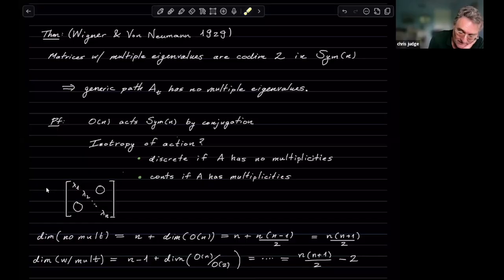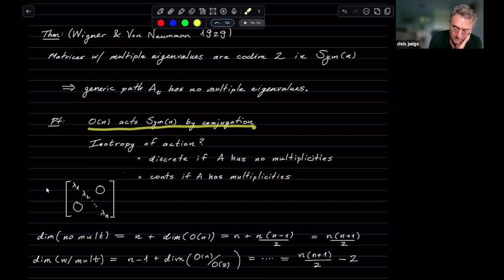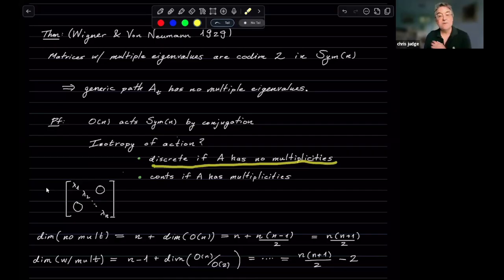It's basically one way to think of it. This is not the only way, but O of n acts on the symmetric matrices by conjugation, and there's different isotropy depending on which point you're talking about. So the isotropy is discrete if the matrix has no multiplicities.